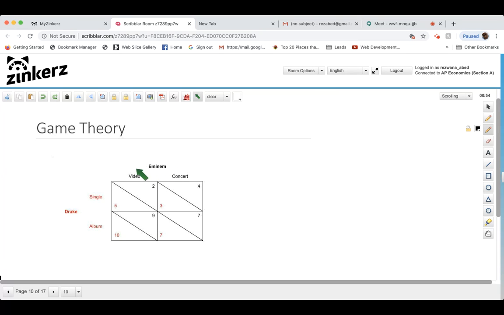So the way I read this is, if I know that Eminem is doing a video, this column about concert doesn't exist right now. Imagine there's a crossover here. We're only going to look at this column, and I'm going to compare Drake's payoffs. If Eminem does a video, is it better for Drake to do a single or an album? If he does a single, he gets $5 million.